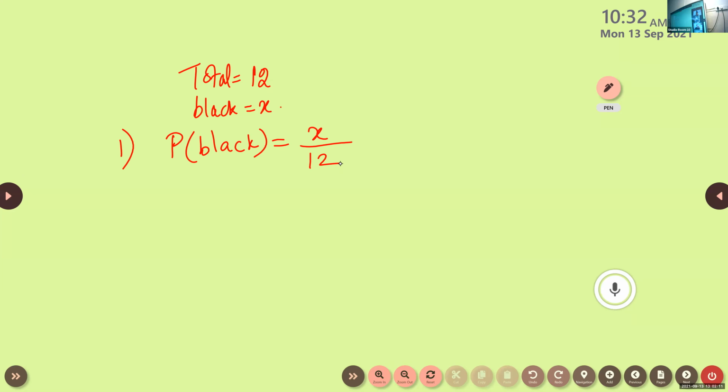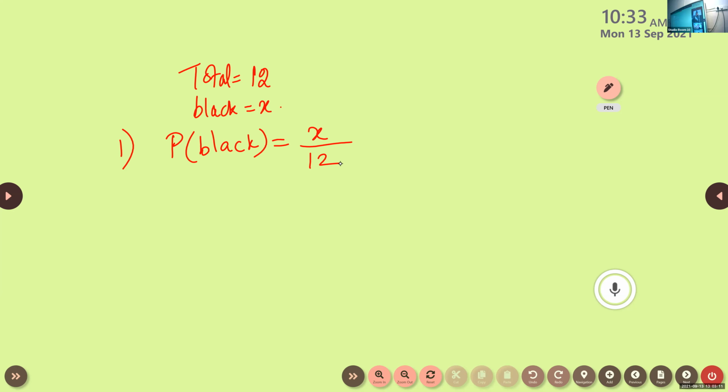If 6 more black balls were added in the box, the probability of drawing a black ball is now double of what it was before.